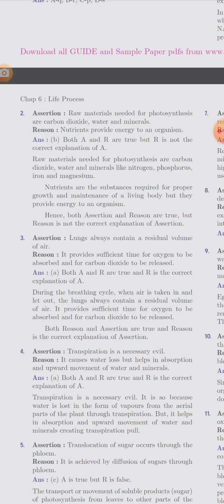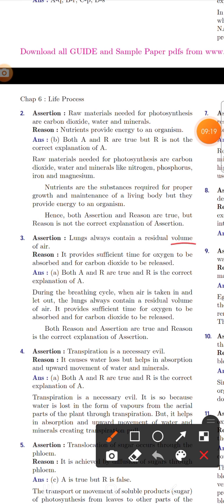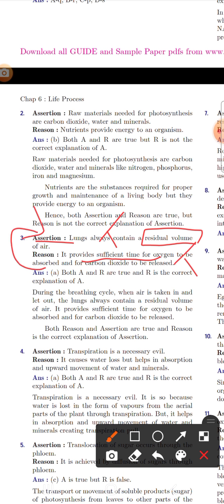See, beautifully the reason is explaining the purpose of residual volume. The key word in the assertion is explained: it provides the sufficient time. Both of them are true and the reason is explaining exactly the assertion. So the answer goes with A.